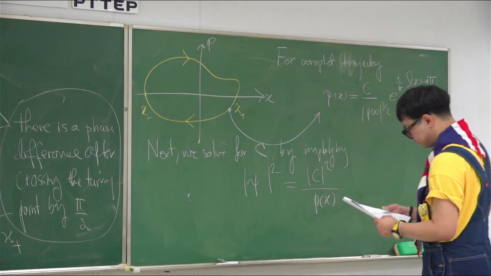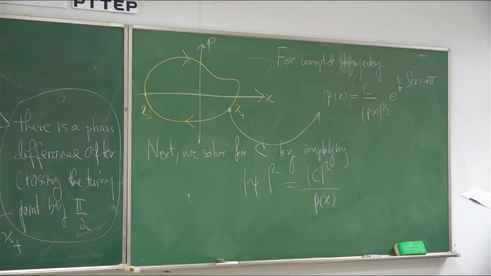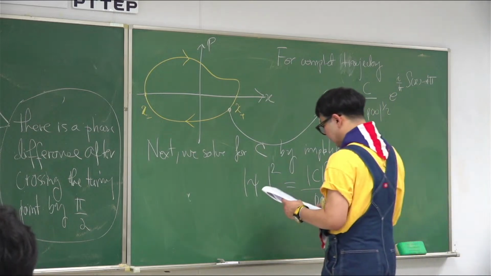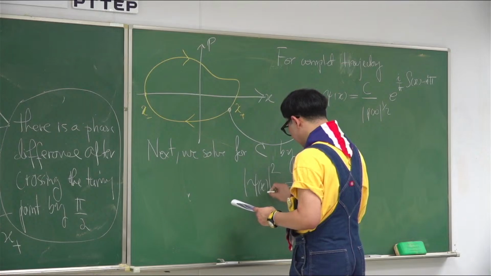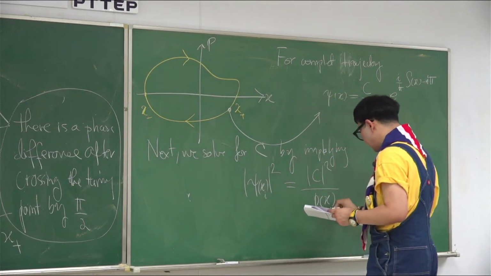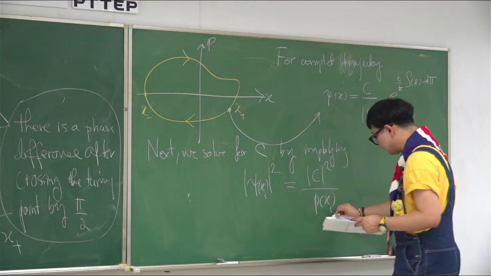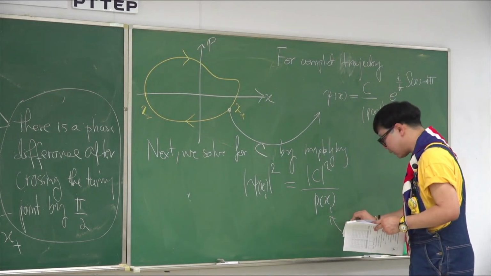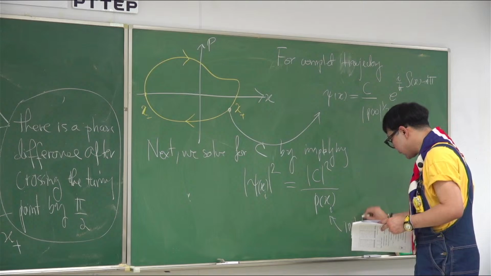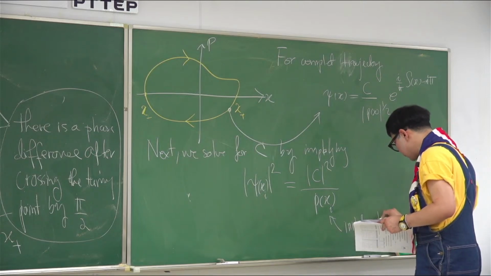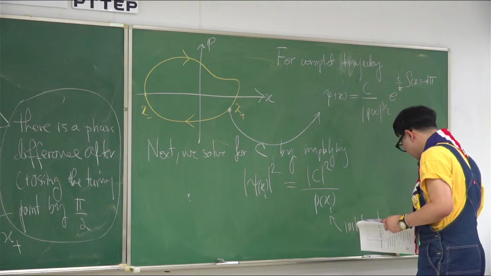Here. Let's put i here, initial. This is an initial condition, initial point. Okay. x_i here.